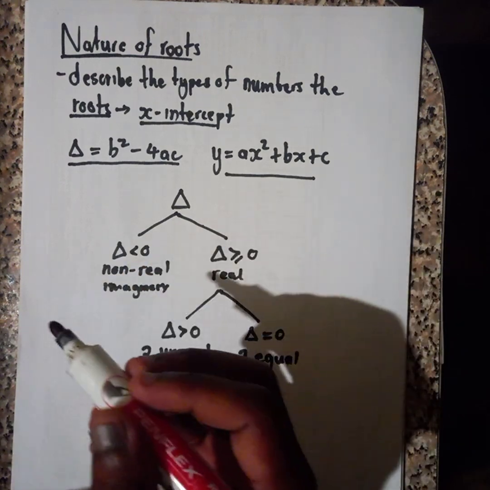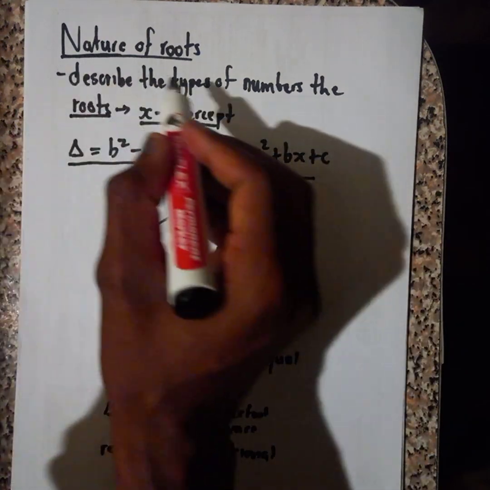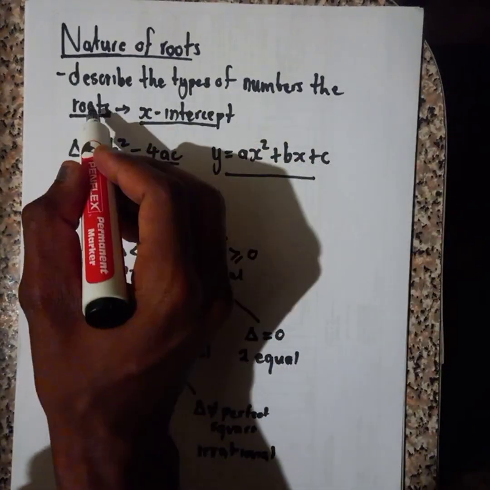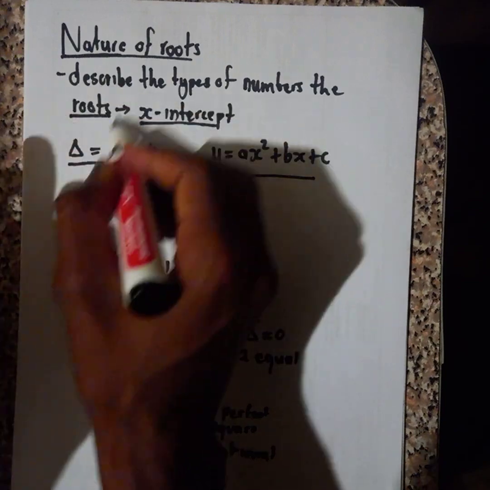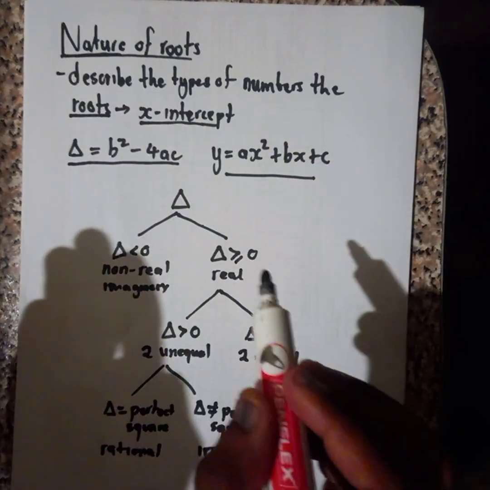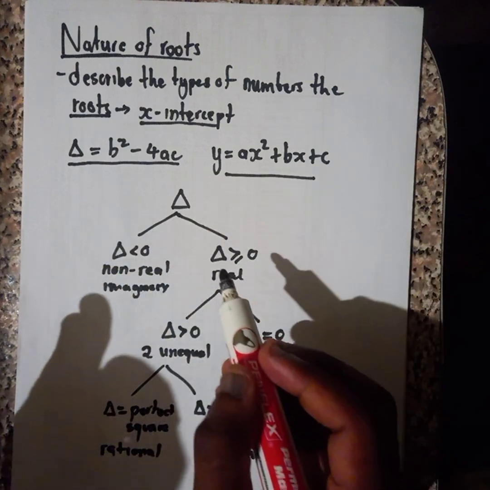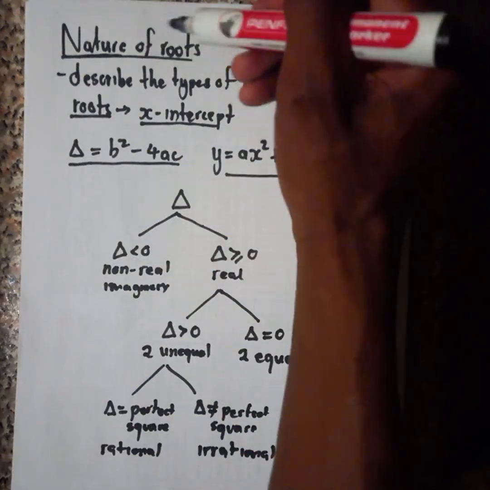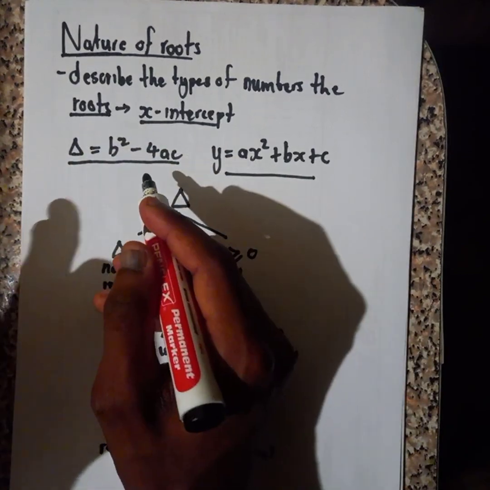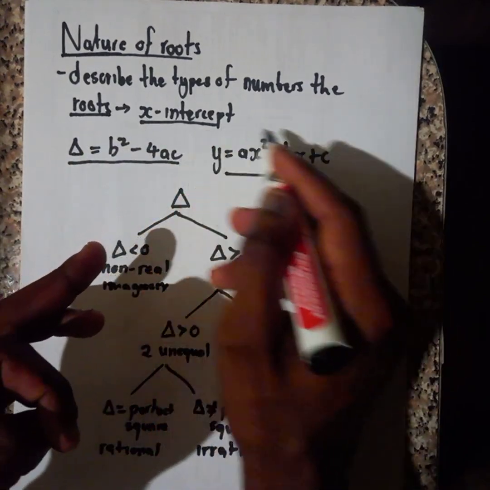Let us go back a little bit. We said the nature of roots describes what types of numbers the roots are. The word root simply implies the x-intercept of any given quadratic equation. To determine the nature of roots, we use this formula for the discriminant. This is the quadratic formula.